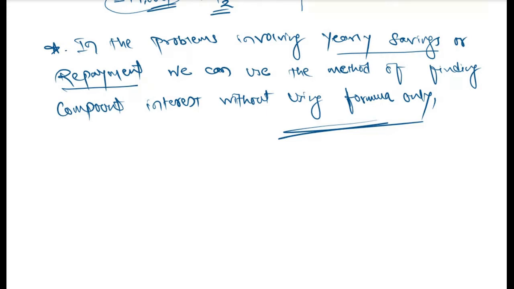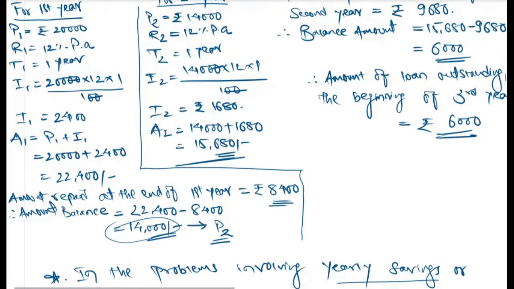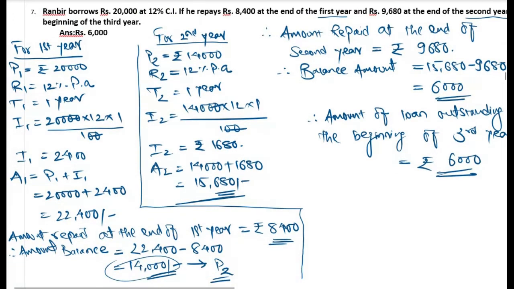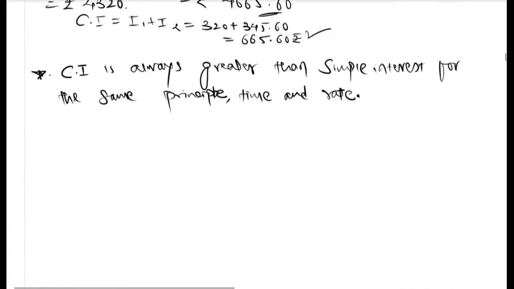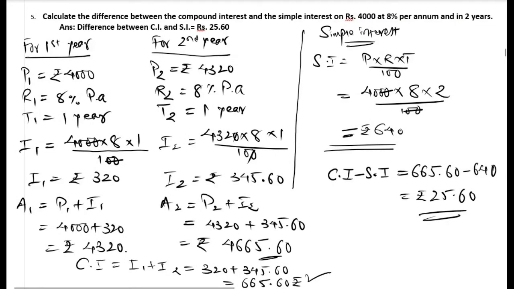You have to use the method of compound interest without using formula, right? Which is discussed in these two sums: Question number 7, Ranbir wala question, and Mrs. Kapoor wala question, Question number 6. Of course, for finding the difference between compound interest and simple interest, you can use any method. Here there is no compulsion.